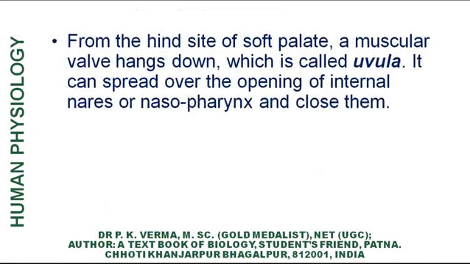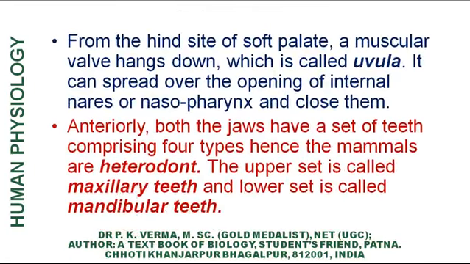It can spread over the opening of the internal nares or the nasopharynx and close them. Both the jaws have a set of teeth comprising four types: incisors, canine, premolar, and molar, and hence mammals are heterodont.